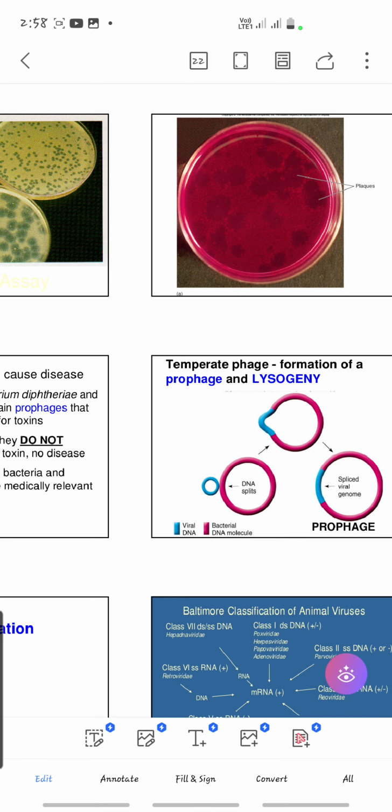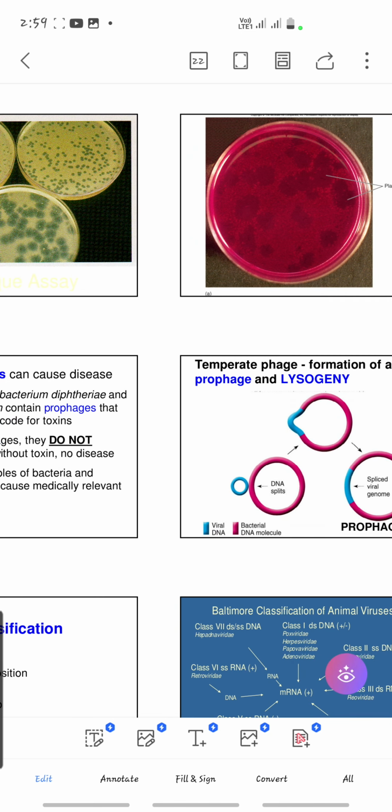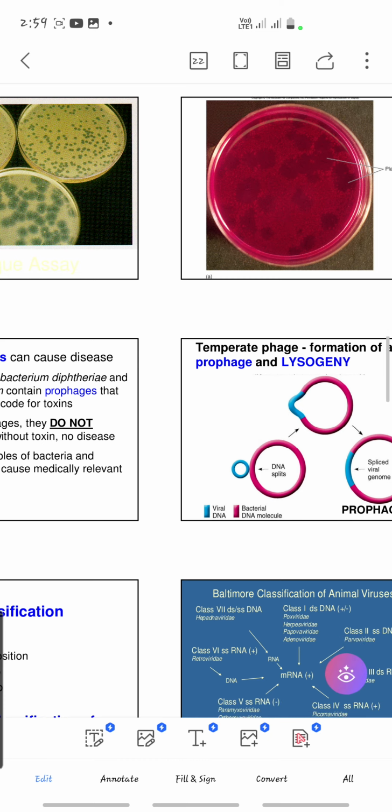So that is literally how the formation of prophage and lysogeny occurs. So again, how can we describe prophage? Literally, when the lysogenic bacteria carry the phage genome, that is called prophage. It is integrated into their own genome, and that results in a lysogen. And that lysogen is able to transmit to its progeny the ability to produce another phage. So that makes the temperate phage, or the formation of prophage and lysogeny.